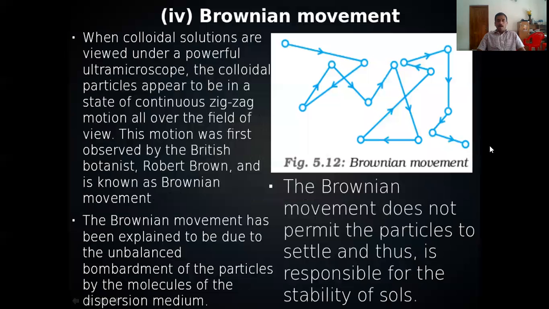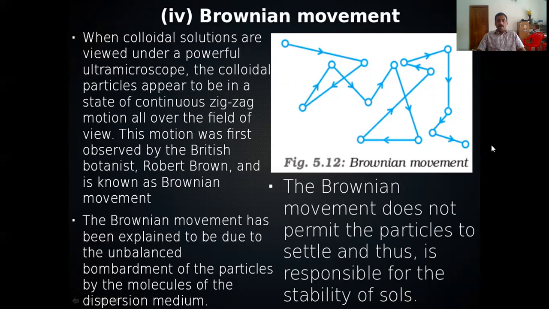Now the next one, Brownian movement. The dispersed particles will collide with the molecules of dispersion medium. And due to this collision, the dispersed particles will be in continuous zigzag movement. And that continuous zigzag movement is known as Brownian movement. And the name is from Robert Brown.